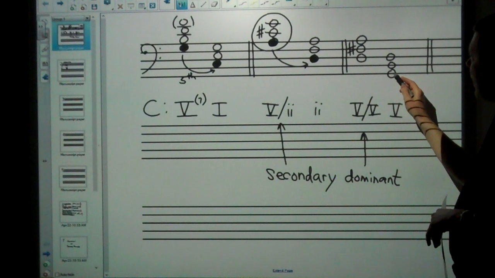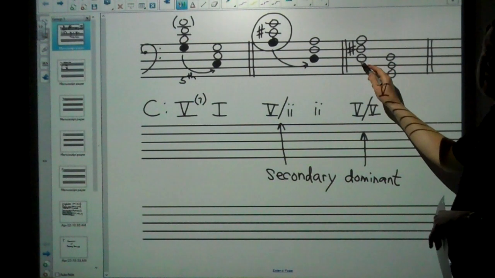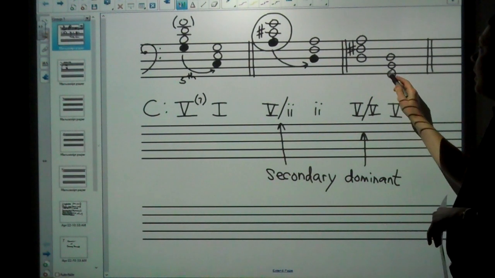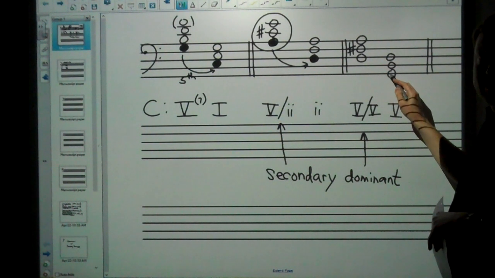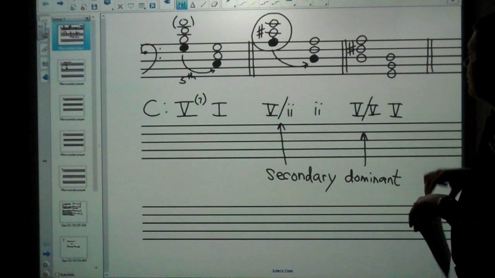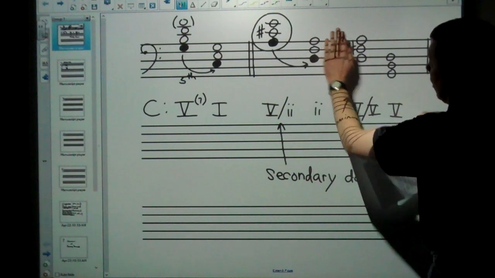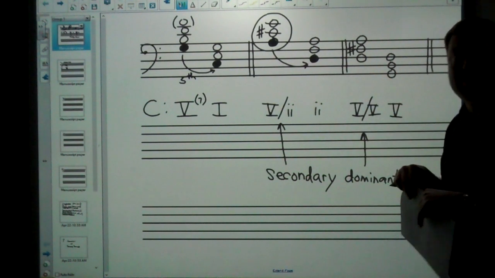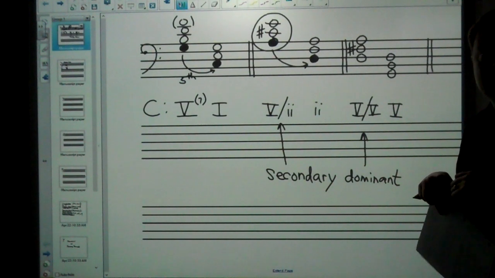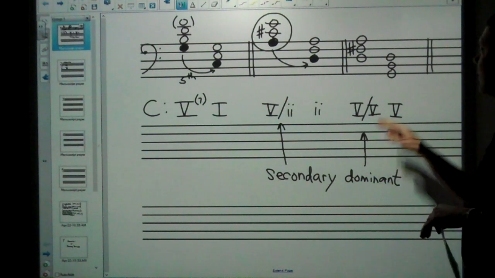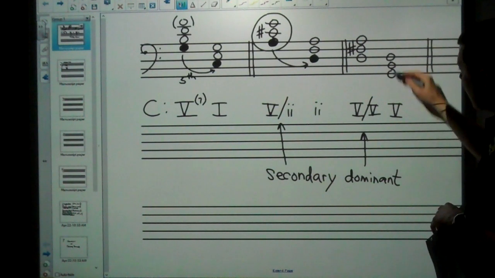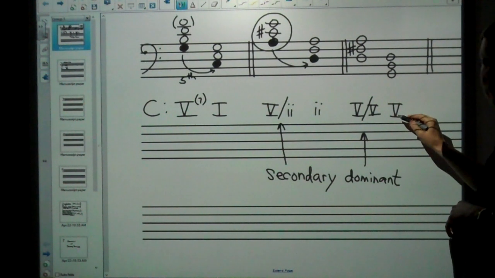However, when I have a G major chord preceded by D major, in other words, D major is G major's dominant. Right? If you just pretend for a moment that you were in G major, is not D major the 5 chord in G major? Yes, it is. But we're not in G major. So we have to analyze the G chord as 5.